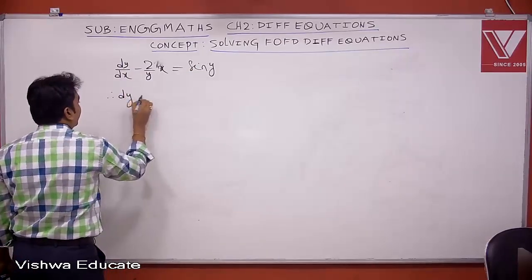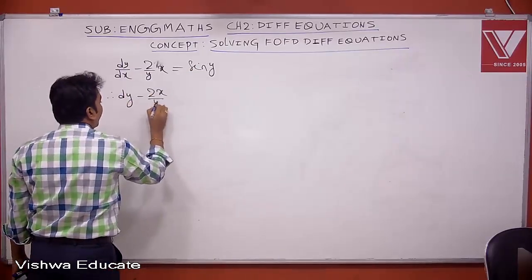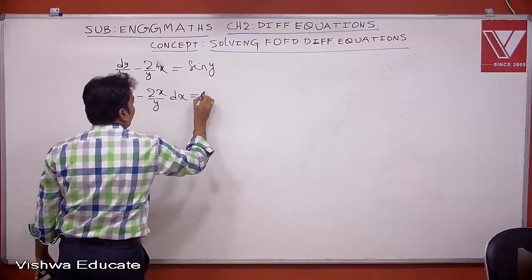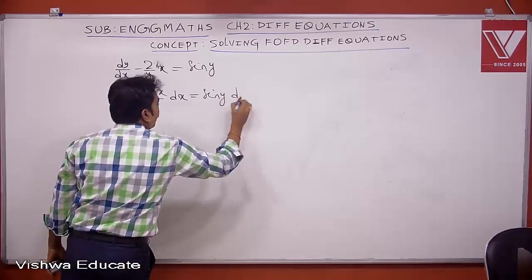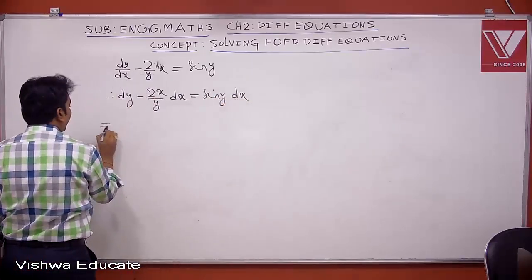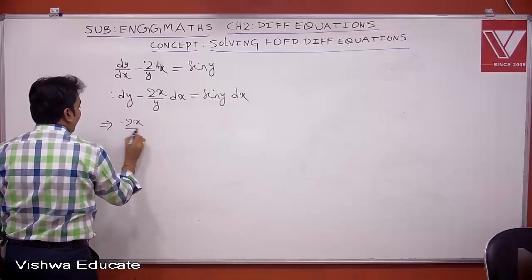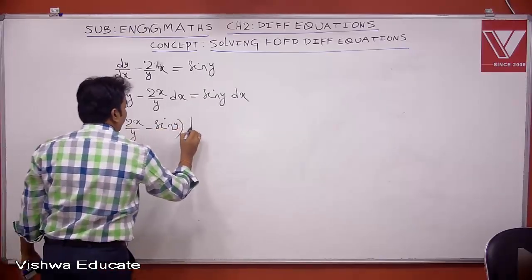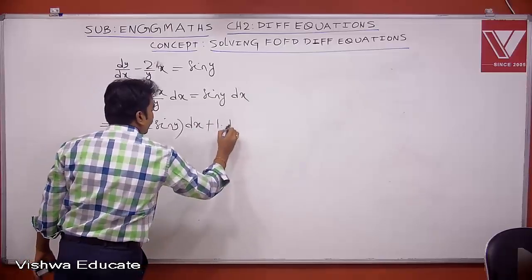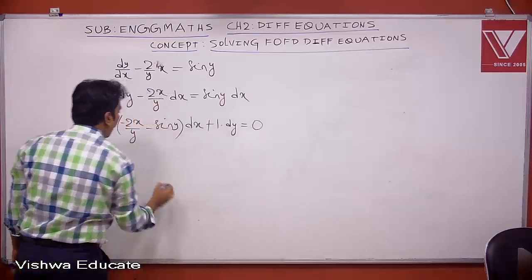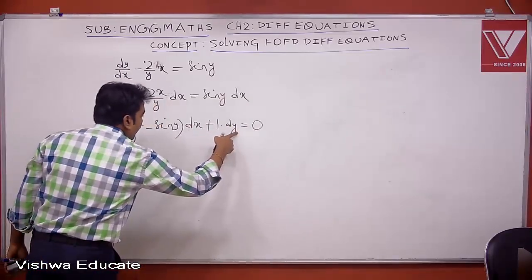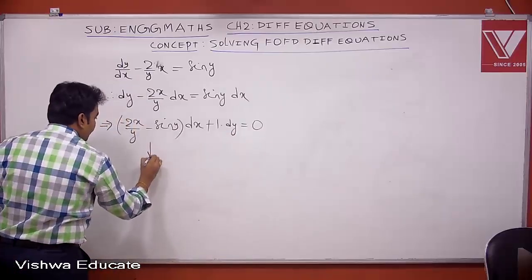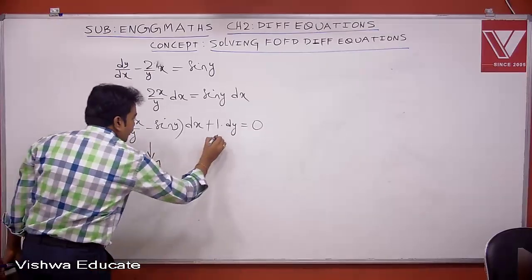Therefore, this equation is dy minus 2 by x into y into dx equal to sin y into dx. This implies minus 2y by x minus sin y into dx plus 1 dy equal to 0. Now it is in the form M dx plus N dy equal to 0. So this is the M value and this is the N value.